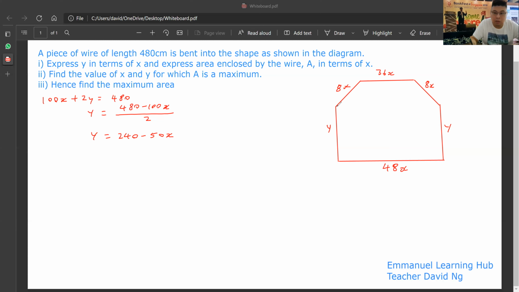Then okay, let's see. See, you can find this area.